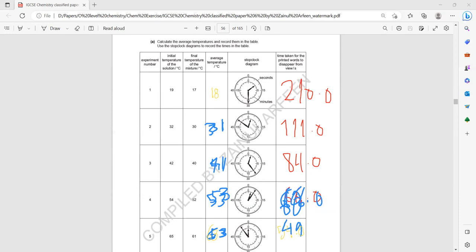So 210, 111, 84, 66, and 54. And the average temperatures were 18, 31, 41, 53, and 63.